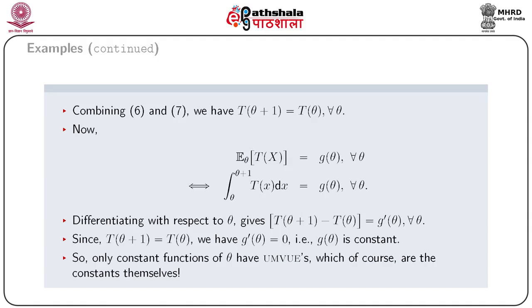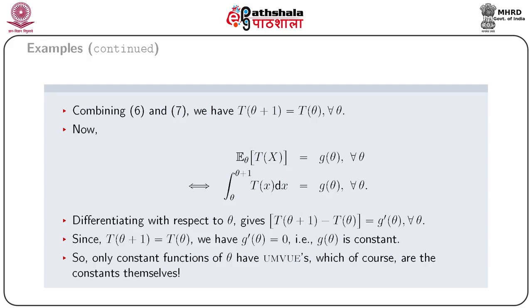Now, expectation of T is equal to g(theta) for all theta, which implies the integral from theta to theta plus 1 of T(x) dx = g(theta) for all theta.